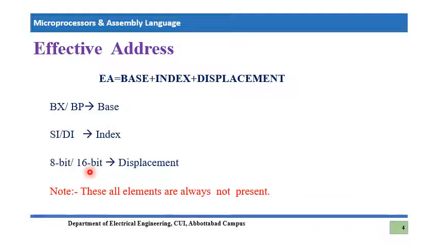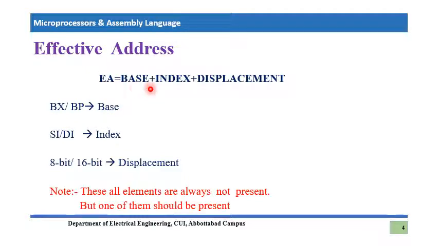One thing to be noted here is that it is not necessary that all of these elements, which are base, index and displacement, be present at a time. So it may happen that only the base value is given and the other two values are not known, so the effective address will be just equal to the base address.